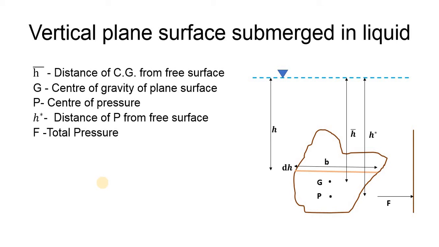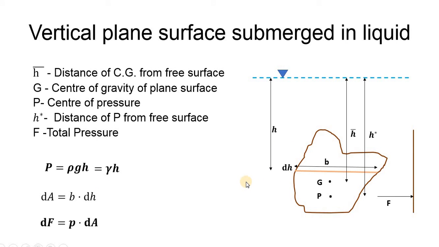It is now the time to understand something related to the hydrostatic pressure force in the vertical plane surface. Now, p is rho into g into h, or p is gamma into h. And whenever we consider this microscopic elemental strip, it's dA, the small area. dA is nothing but b into dh, which is evident from this diagram.